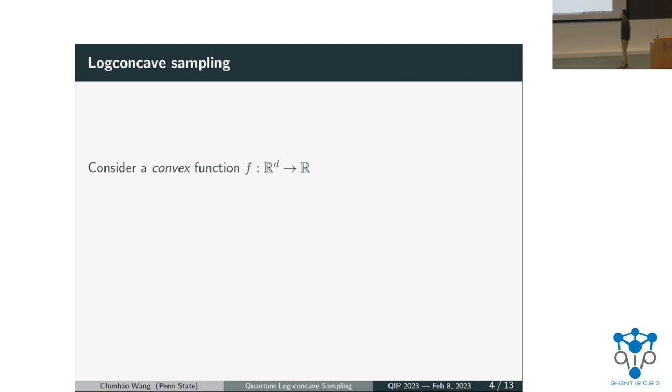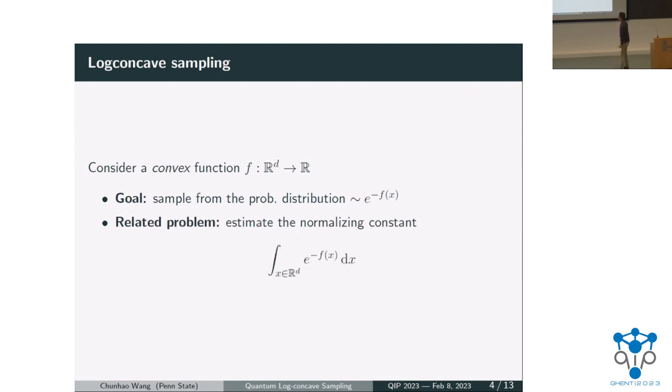The distributions we consider today in this talk are called log-concave distributions. So what is a log-concave distribution? Consider a convex function f. Then the distribution proportional to e to the minus f is called a log-concave distribution. The goal is to sample from this distribution.